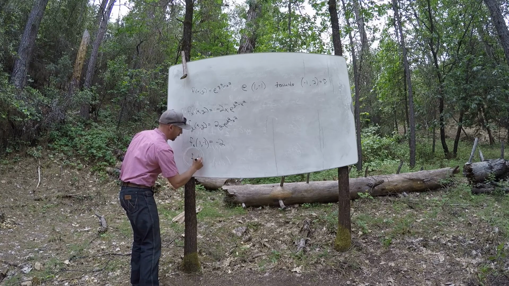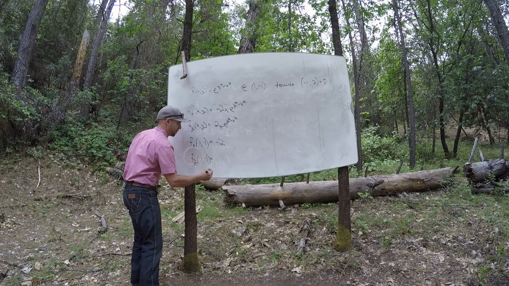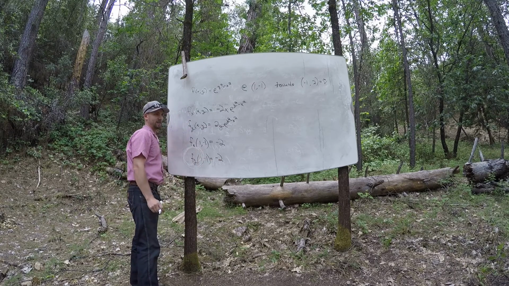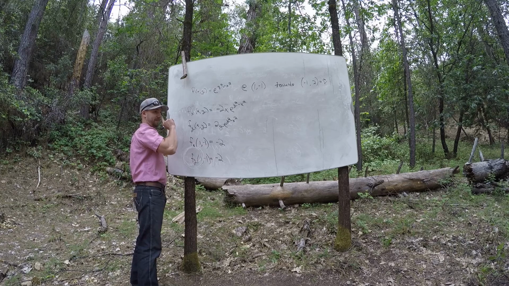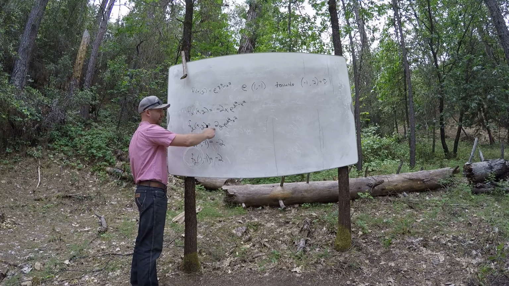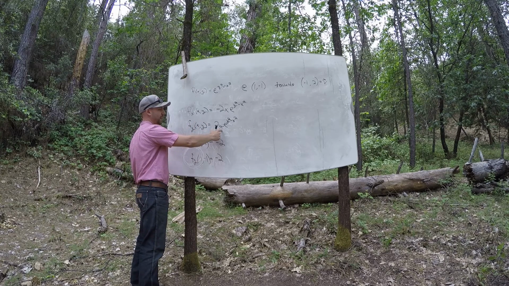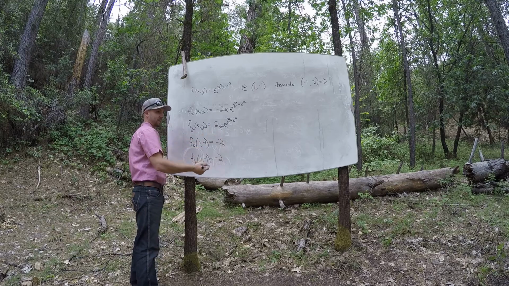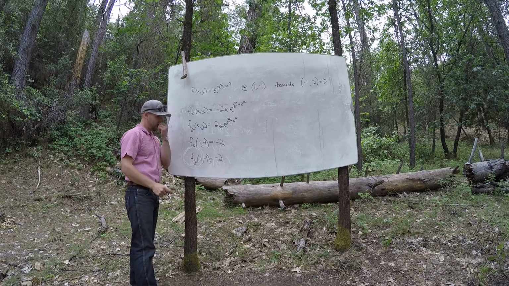And f y at 1, negative 1: putting negative 1 in for y and 1 in for x, I do, in fact, get negative 2.